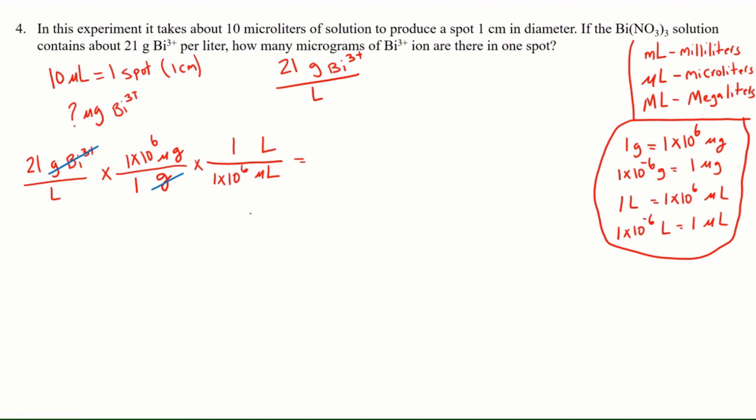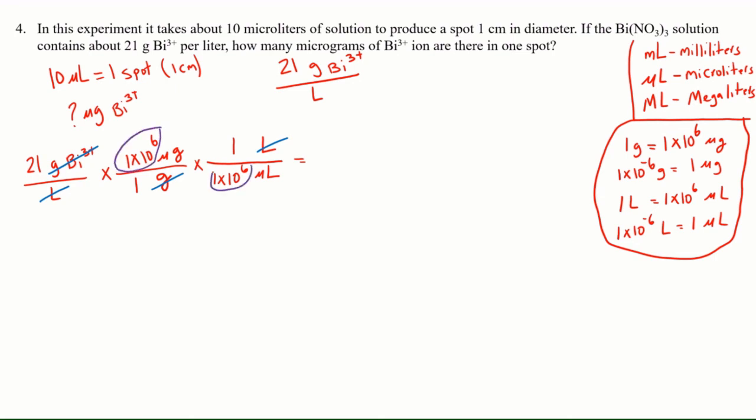If we look carefully, liters here is on the bottom, liter is on top, they cancel out. What are the units that remain? Microgram per microliter. Good. Now, I want you to notice one thing also. You see the number here? This is a million.